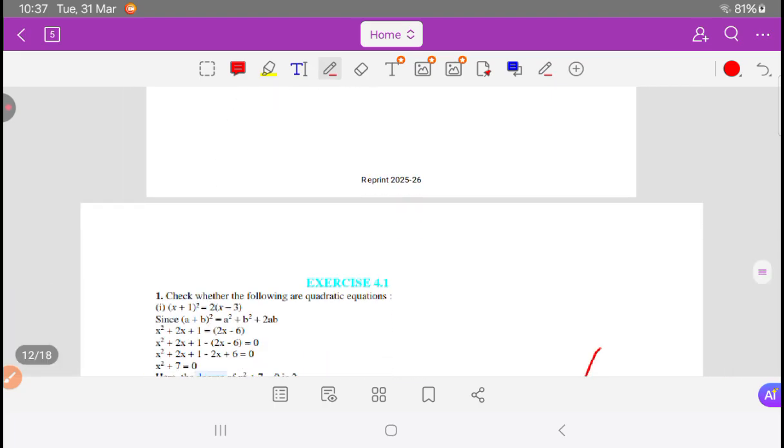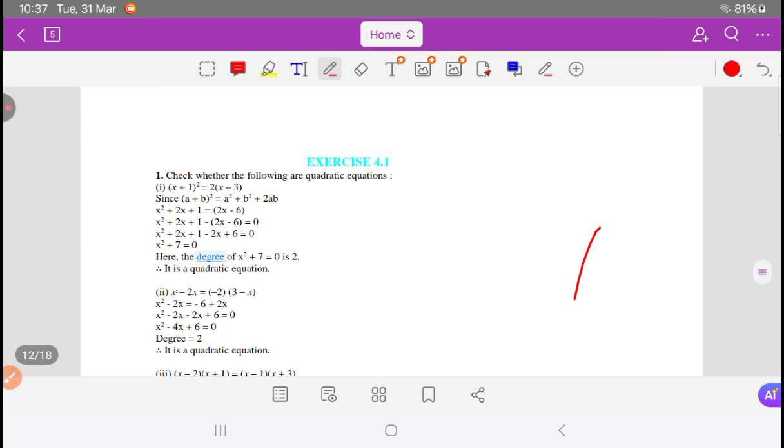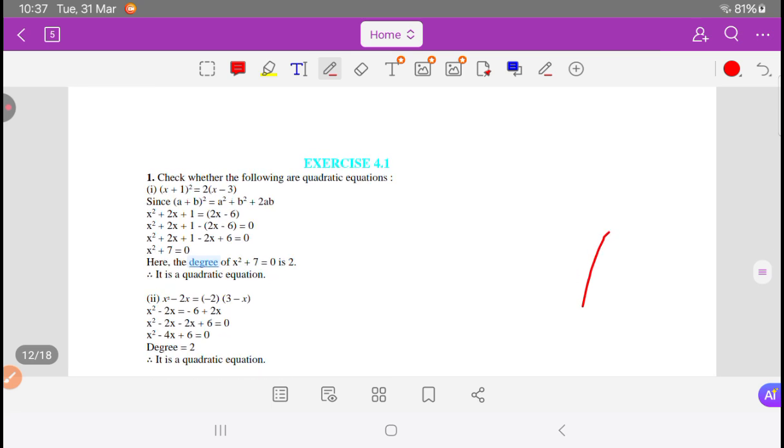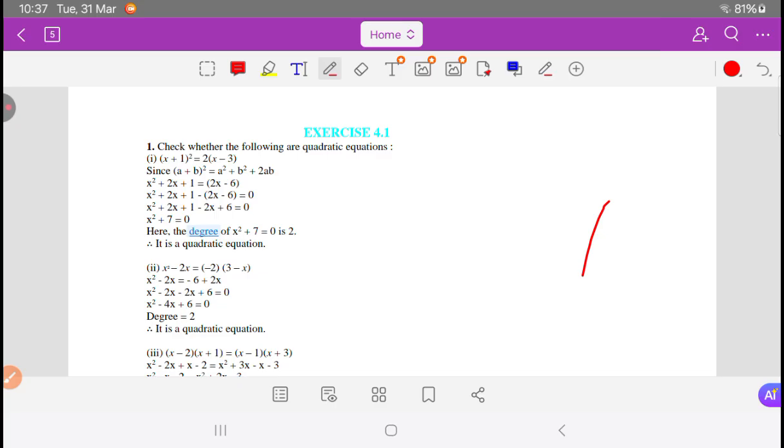Now solve the questions. Exercise 4.1. Your question is to check whether these equations are quadratic equations or not.